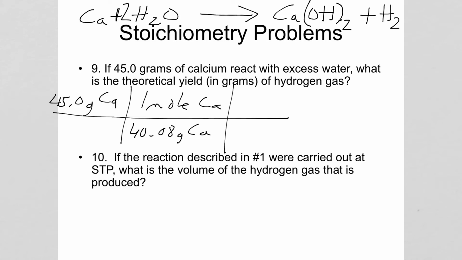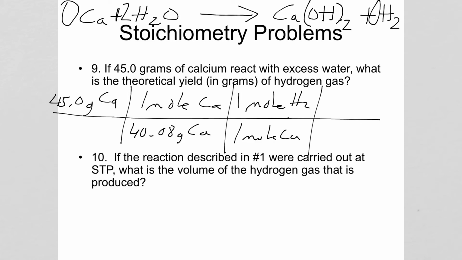Now we're going to use our mole ratio. So we're trying to convert from calcium to hydrogen. Notice there's no coefficient in front of the calcium. There's also no coefficient in front of the hydrogen, which means our mole ratio is 1 mole of calcium to 1 mole of hydrogen. Well, we're looking for the mass in grams, so now we need to convert from moles of hydrogen to grams of hydrogen using the molar mass.